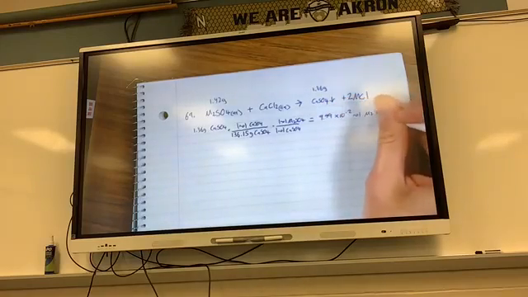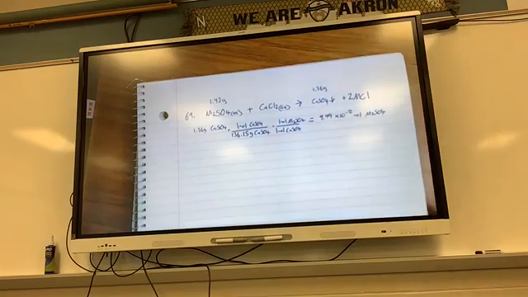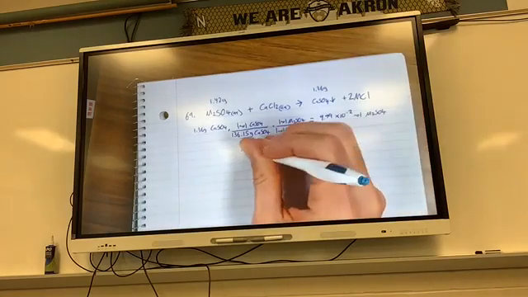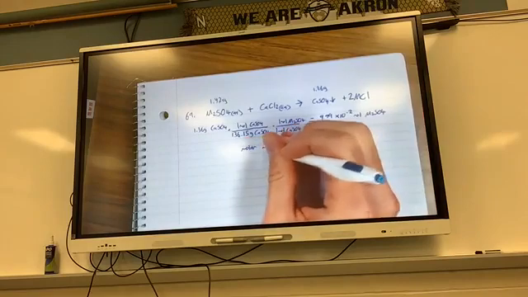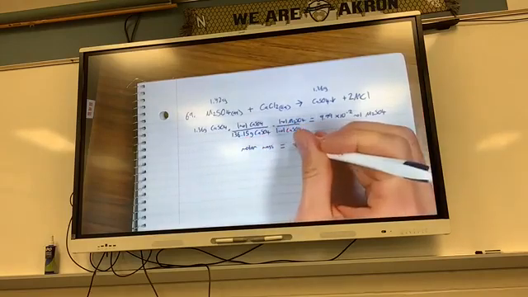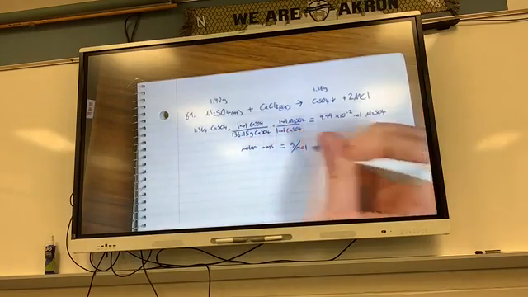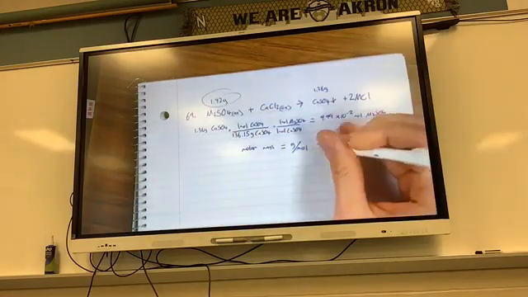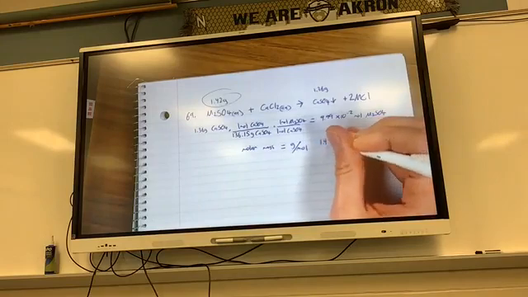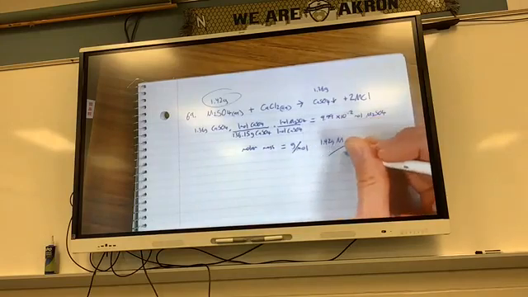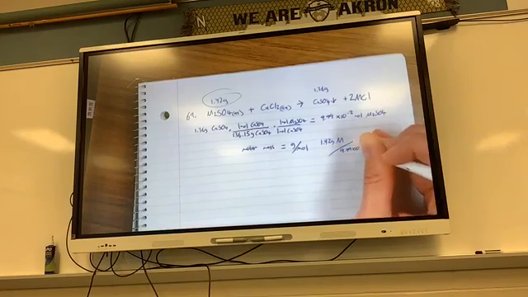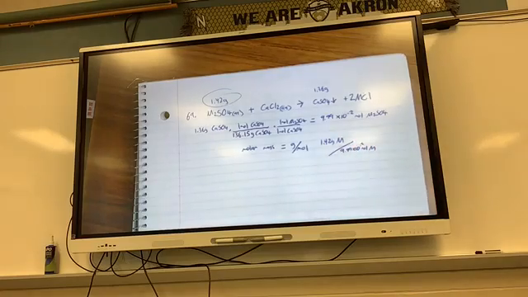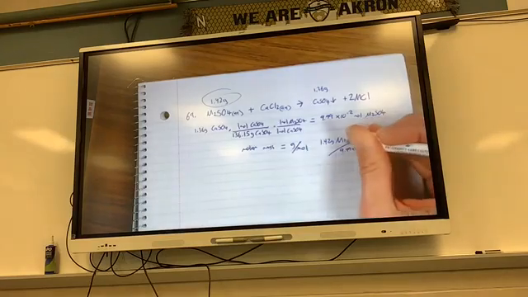of M2SO4. We know that molar mass is equal to grams per mole. Do I have a gram amount? Sure do. So it's going to be 1.42 grams of M divided by 9.99 times 10 to the negative second moles of M. And by M, I mean M2SO4.